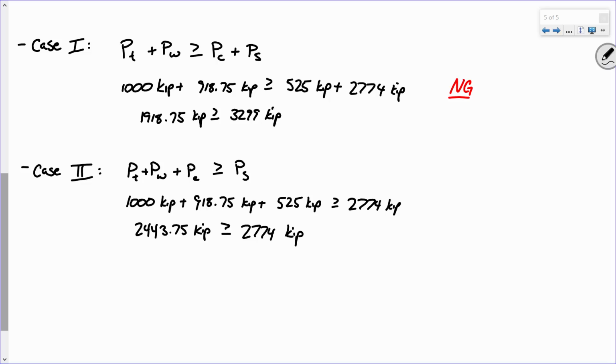All right. Is that statement true? No. All right. If case 1 is not true and case 2 is not true, what does that mean? We're in case 3, okay? So case 3 governs.